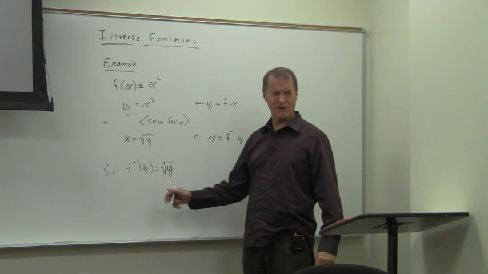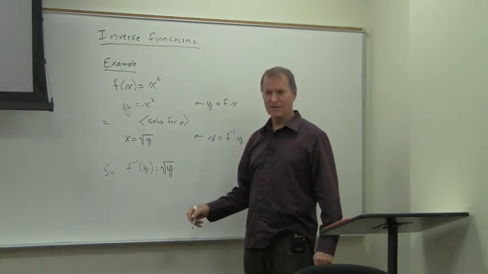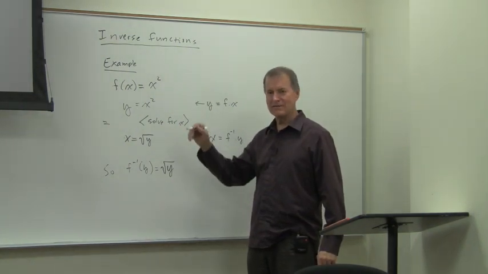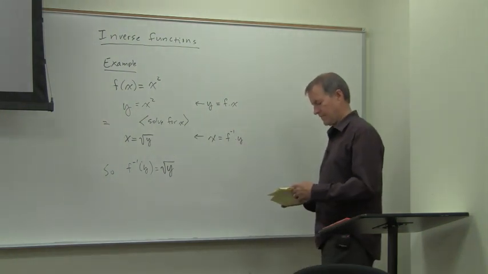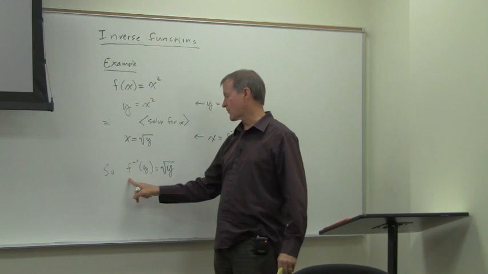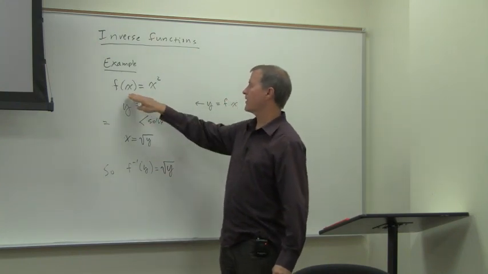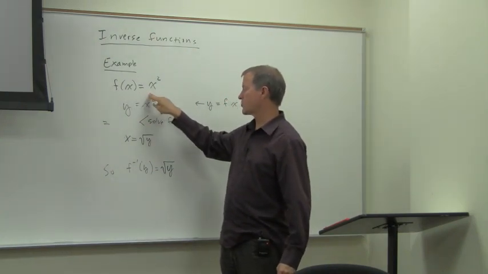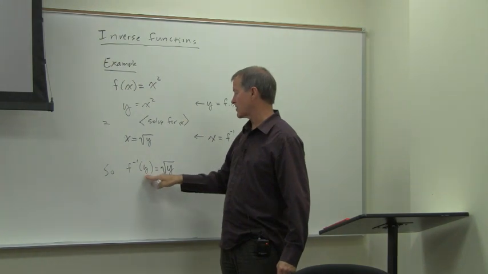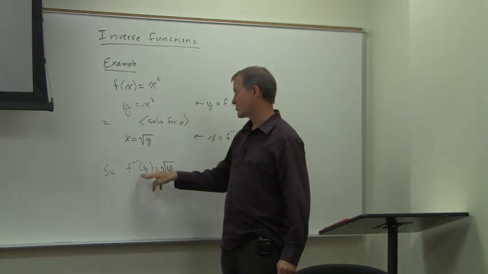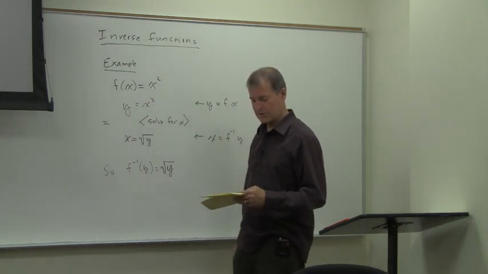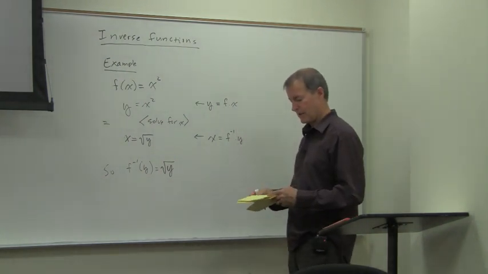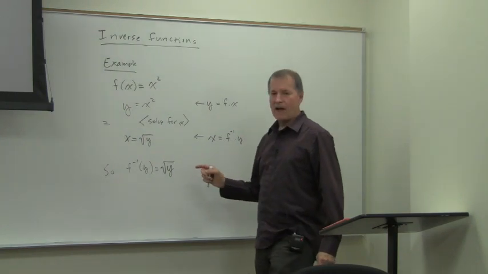You know sine minus 1 is the inverse sine. If the original function is x squared, then the inverse function is the square root. The inverse function is a function of y.